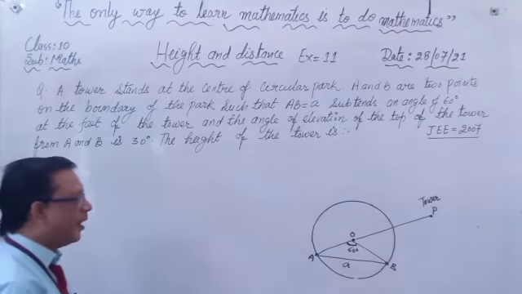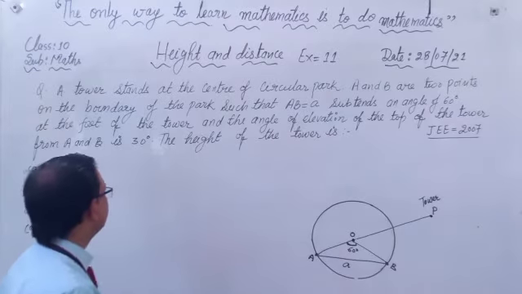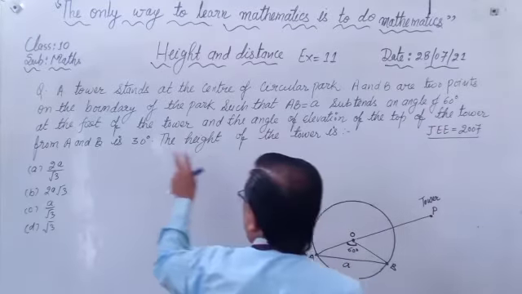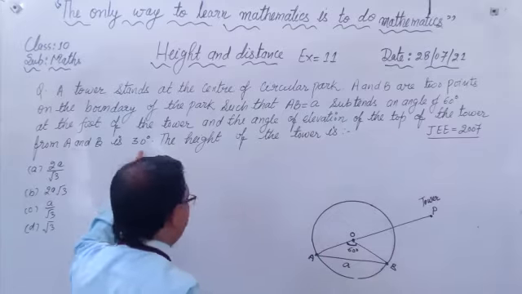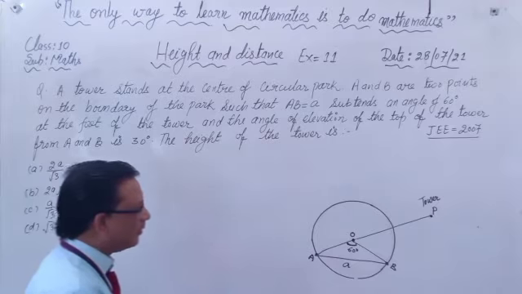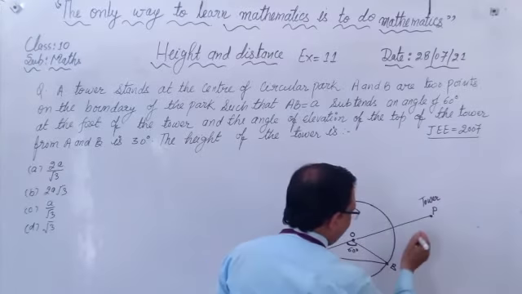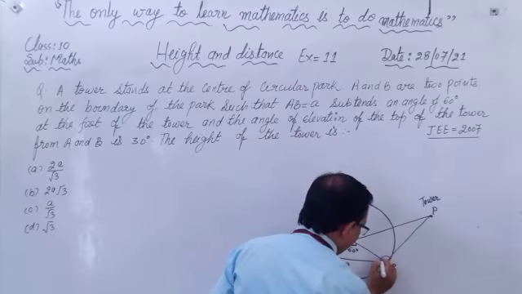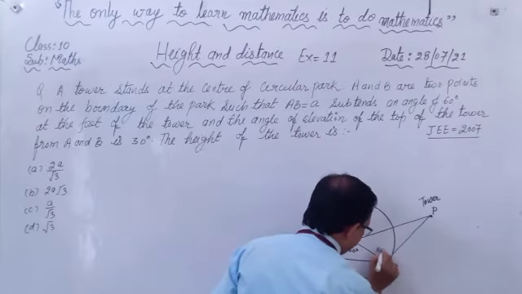And the angle of elevation of the top of the tower from A and B is 30 degrees. So from here the elevation is 30 degrees, this angle is 30 degrees.